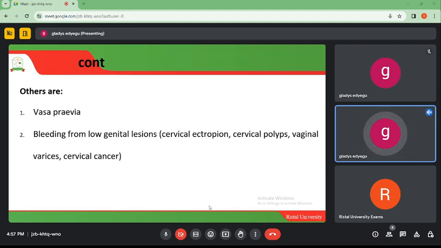Then there is bleeding from low genital lesions, which can be due to cervical ectropion, cervical polyps, or vaginal vessels. It is basically about the blood vessels within the genital tract getting engorged and then rupturing, and they can bleed. Cervical cancers also cause bleeding. When a woman is pregnant and she bleeds and she has cancer, it can be due to cervical cancer.